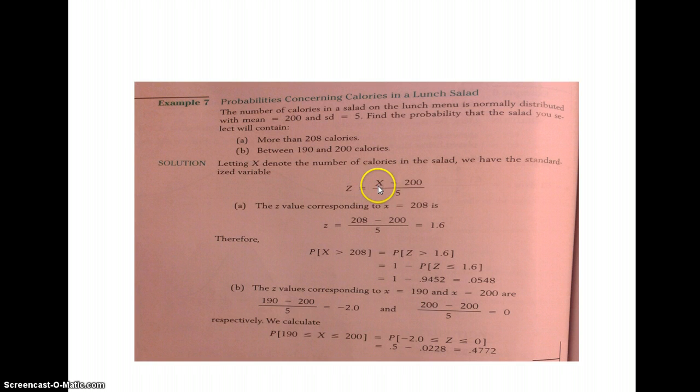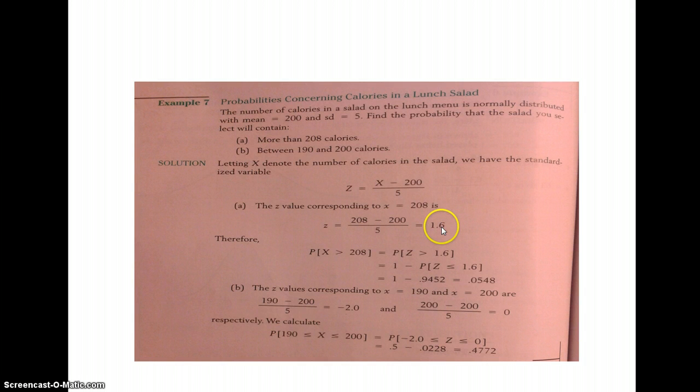So x here means the number of calories each salad has, so it could be different values. Then we convert 208 to the standardized value, and we call it a z value. So 208, plug into the formula, minus 200, which is the mean, divided by 5, that's sigma, the standard deviation.